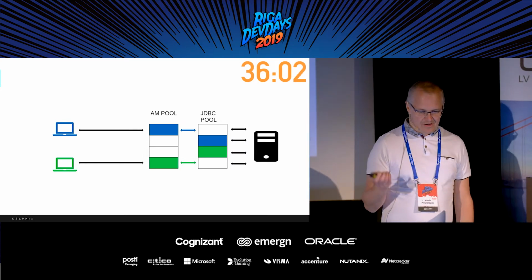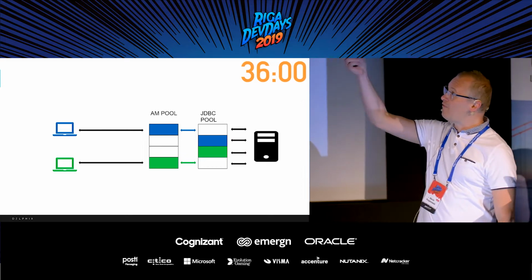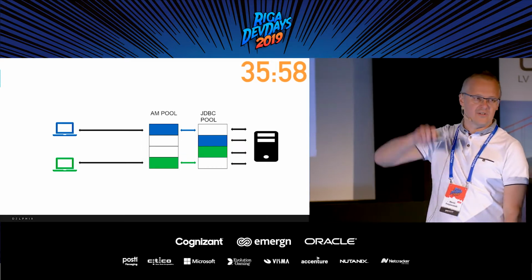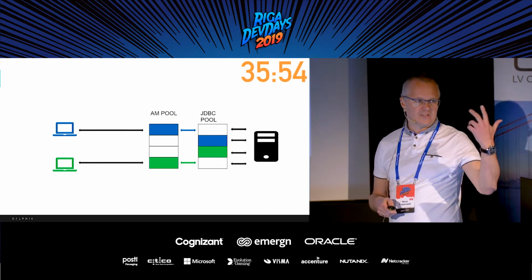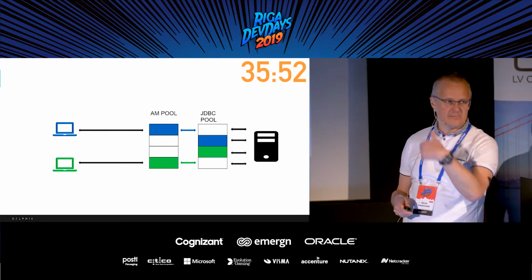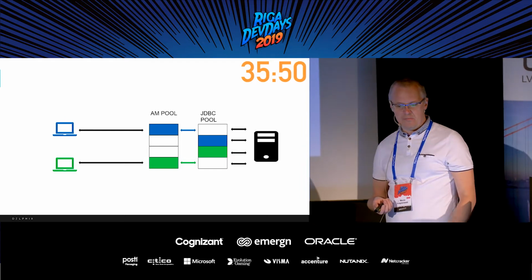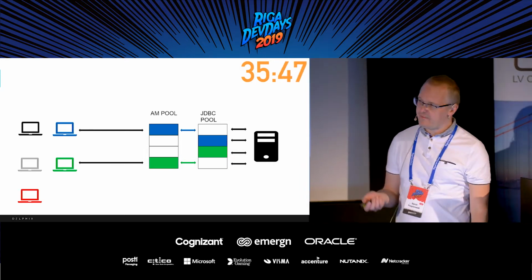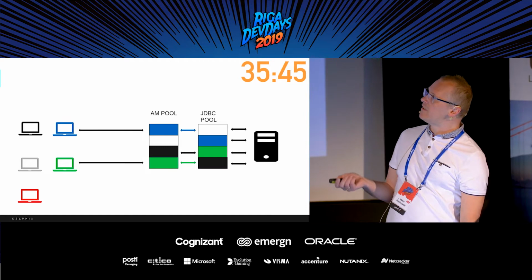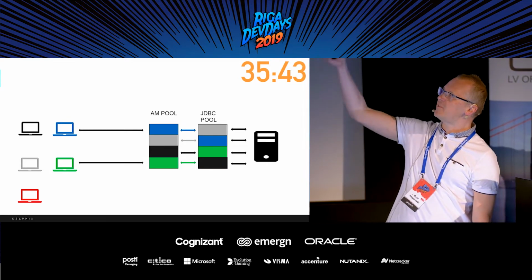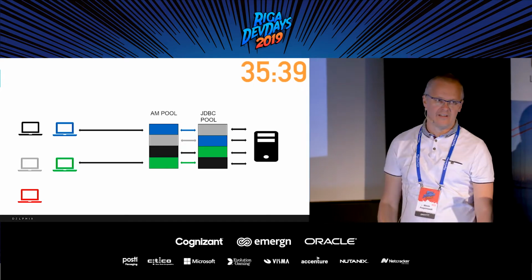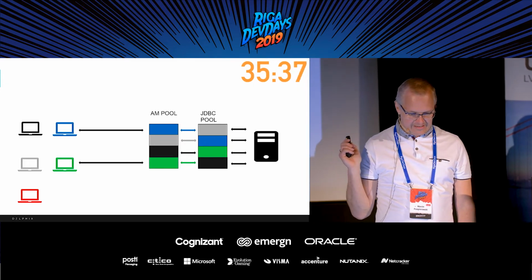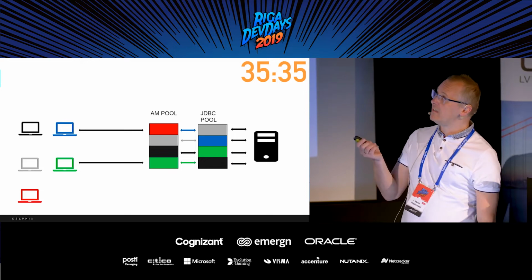So what happened? We have 4 connections in the pool, we have 4 application modules. We have 2 customers. Those 2 sessions, from the Oracle perspective, are always connected to the same session. Pretty easy. Now we have more customers. At that stage, we have 4 customers connected, 4 sessions used, 4 application modules used. So if we add another request, what happens?